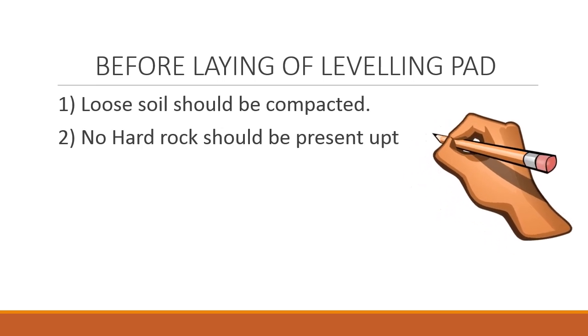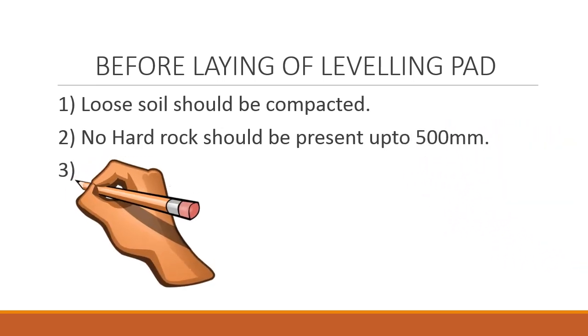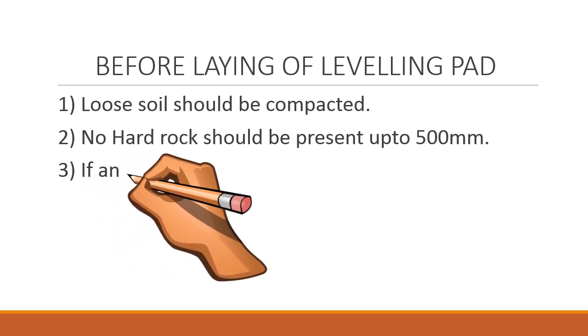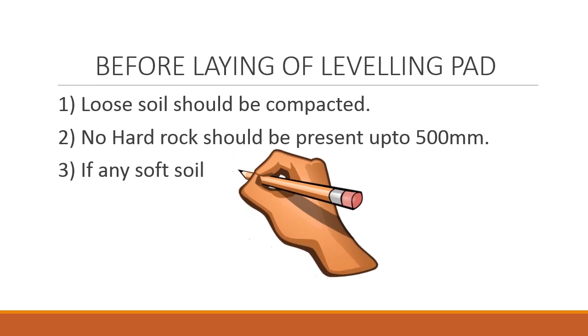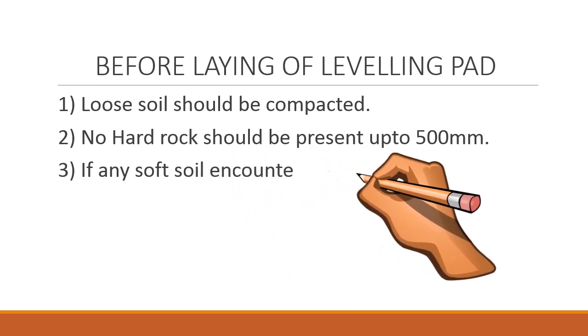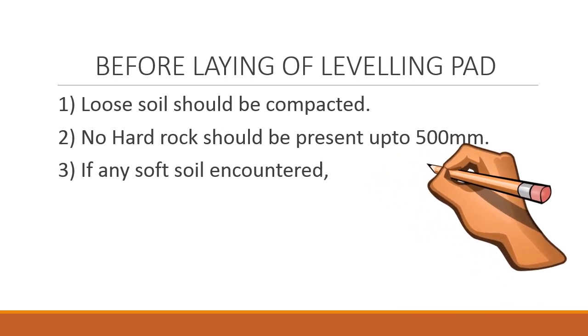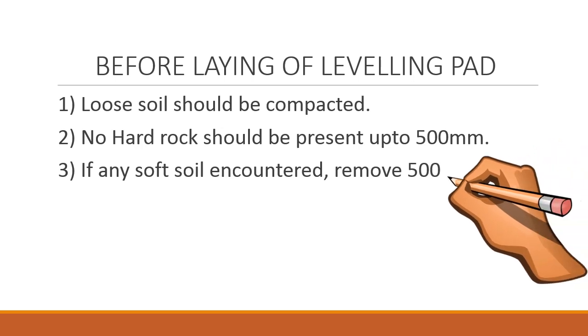And no hard rock should be present up to 500 below the leveling pad, because if you have a hard rock, due to some vibration in the earth somewhere beyond 1 meter, 2 meters, up to 10 meters, that will impact the rock, and there will be cracks in the wall.